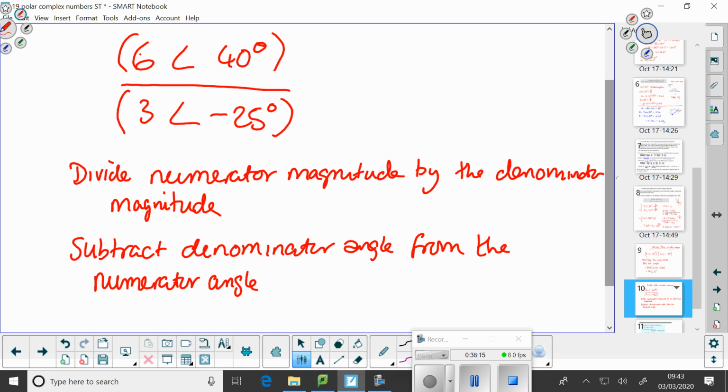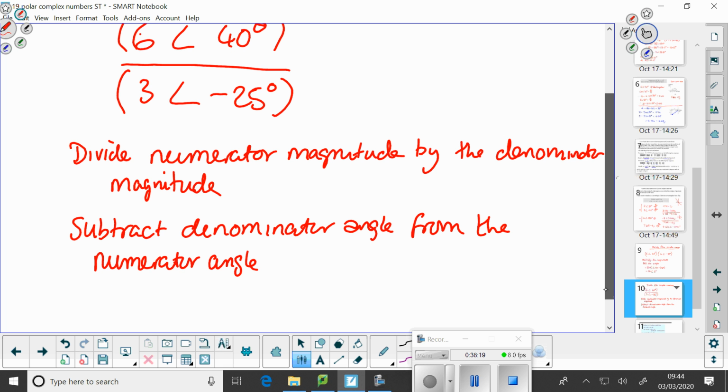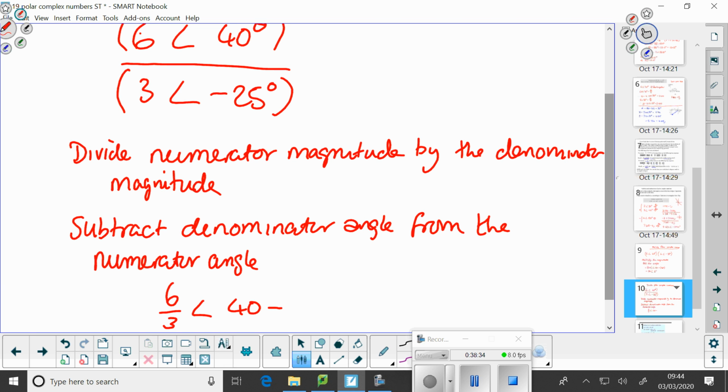Okay, so in this case, the answer is 6/3 angle 40 minus 25.